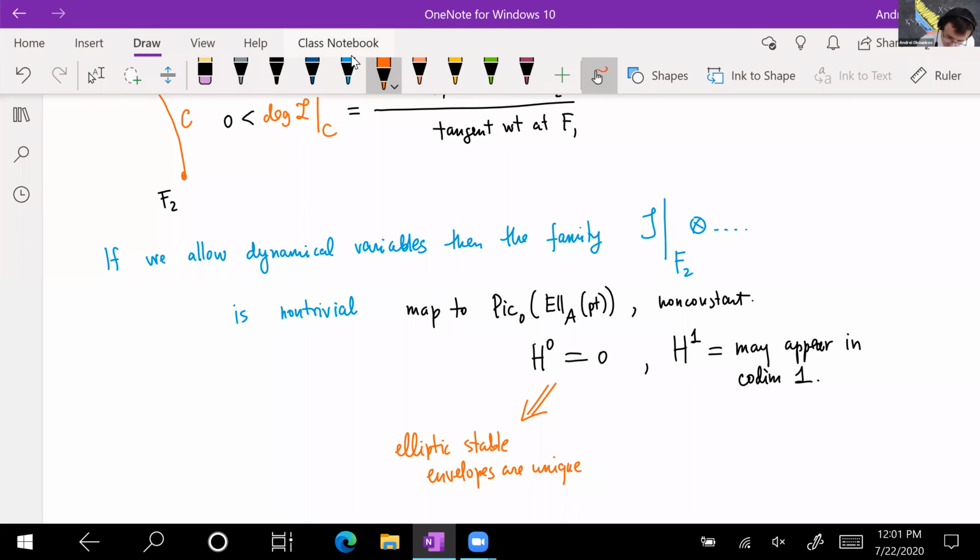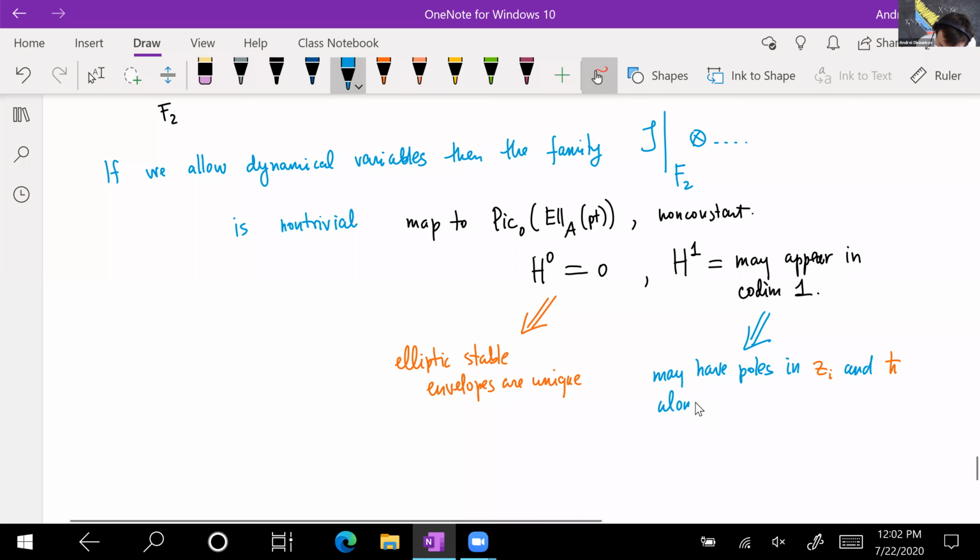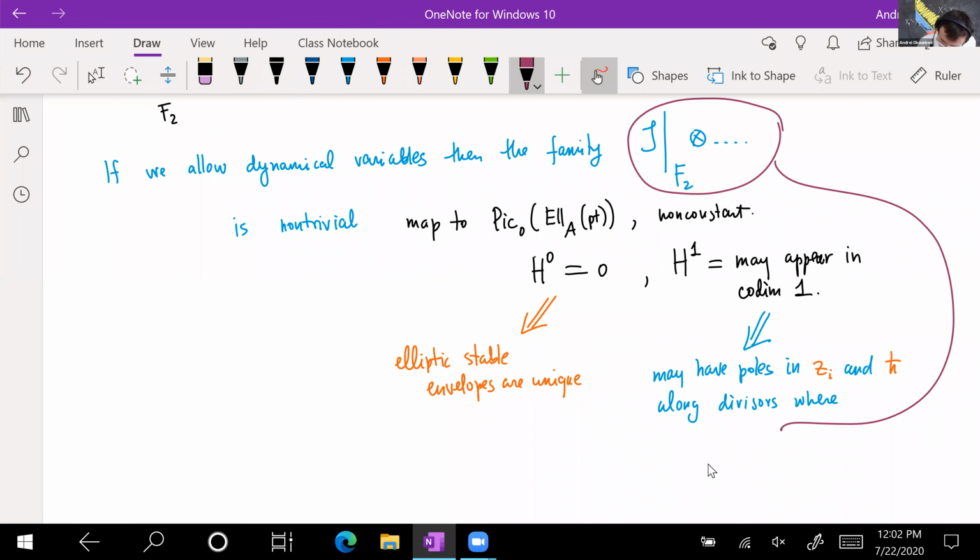This means they may have poles in the variables, whatever, z and h bar, along subvarieties, divisors, where this object here comes to.